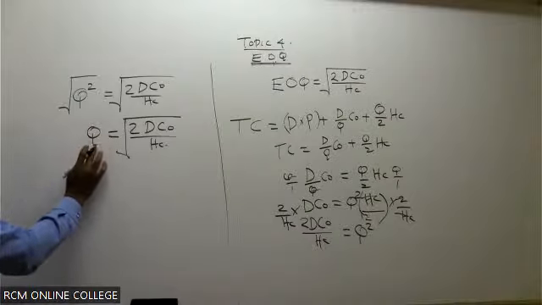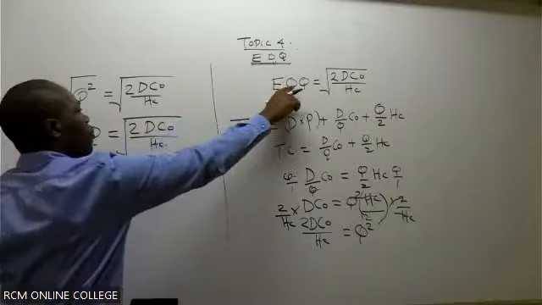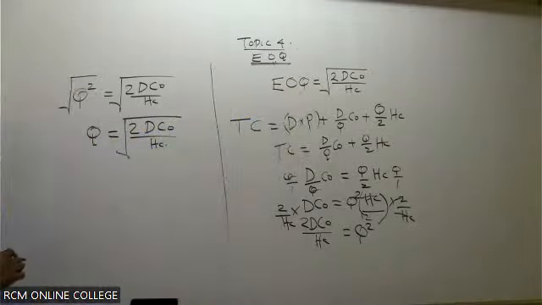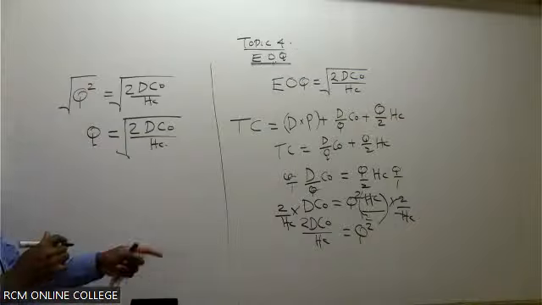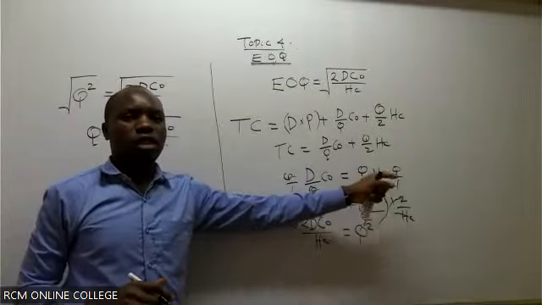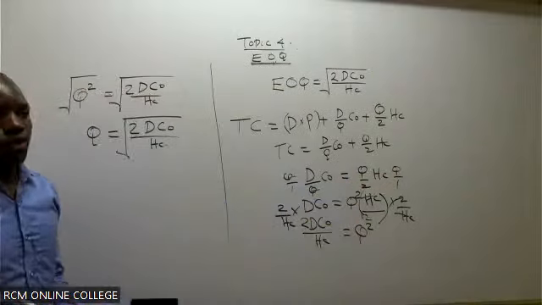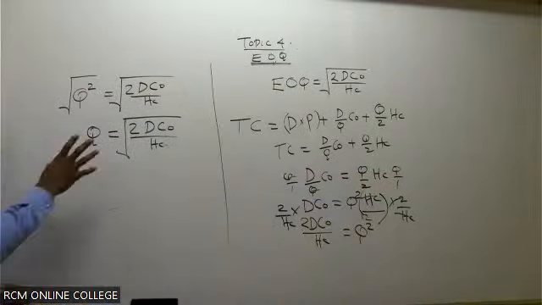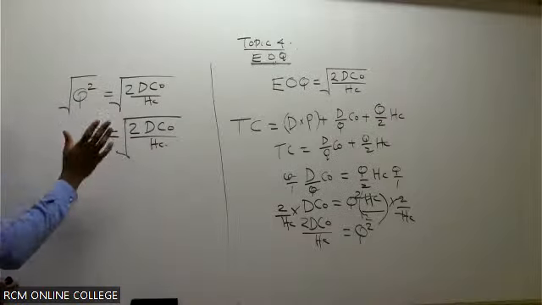This quantity is what we call the economic order quantity, whereby our total ordering cost is equivalent to total holding cost. That is what we do to derive the economic order quantity function.